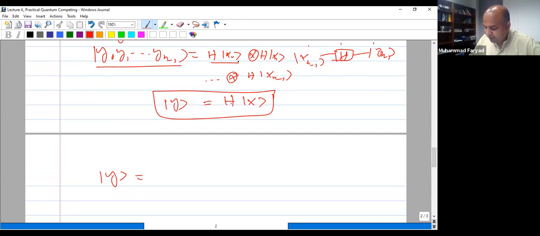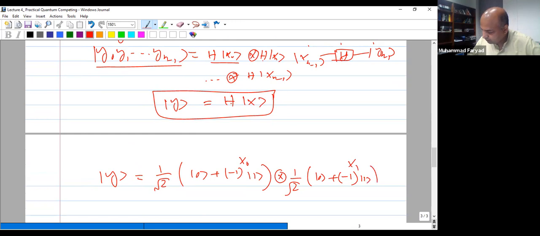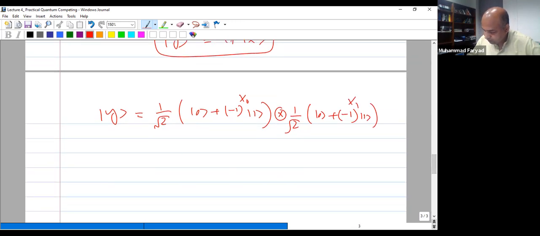H x naught I can write as 1 over root 2, (|0⟩ + (-1)^x naught |1⟩), tensor 1 over root 2, (|0⟩ + (-1)^x1 |1⟩), and so on, tensor 1 over root 2, (|0⟩ + (-1)^x n minus 1 |1⟩).